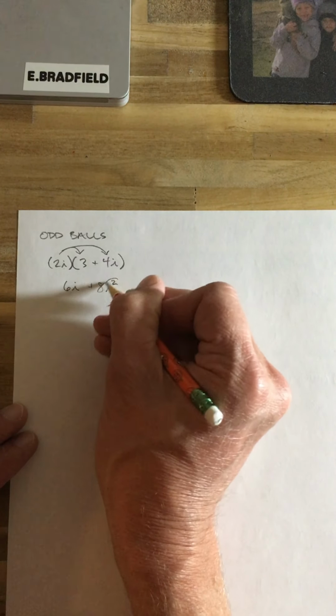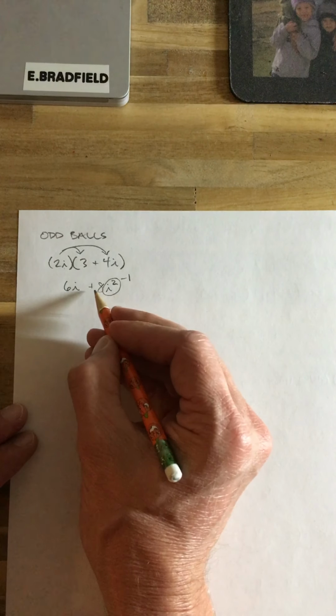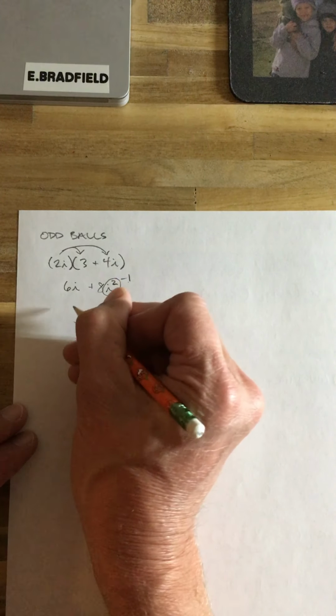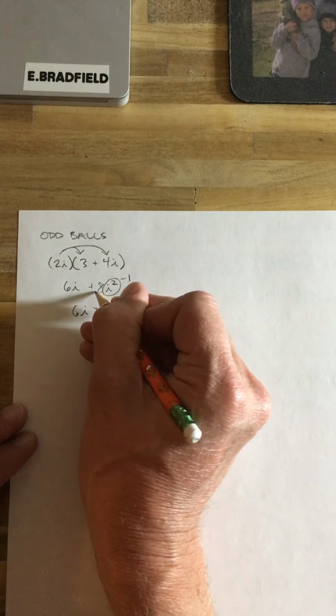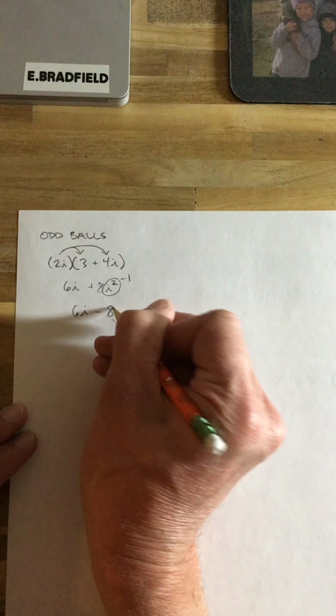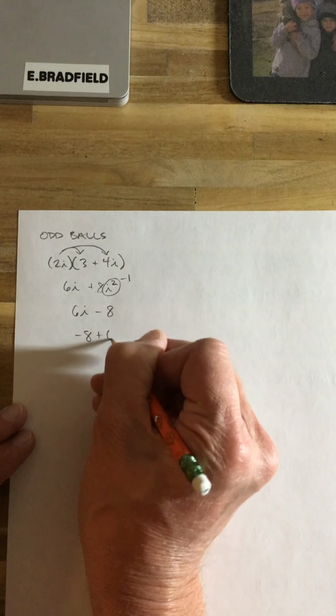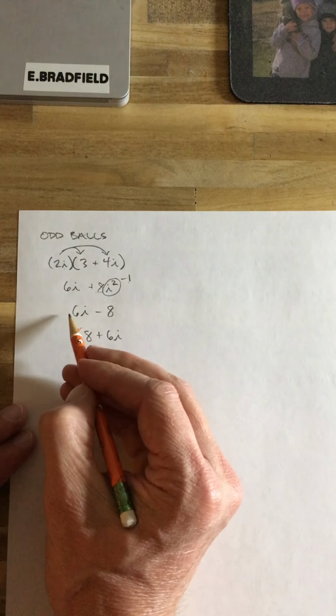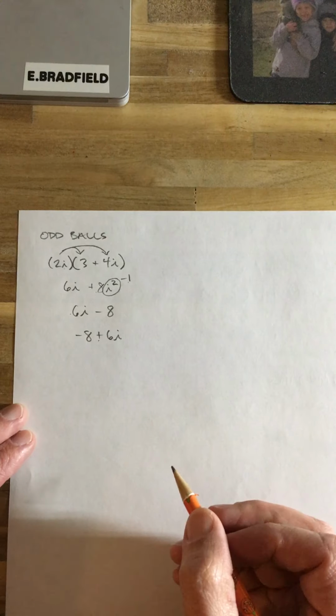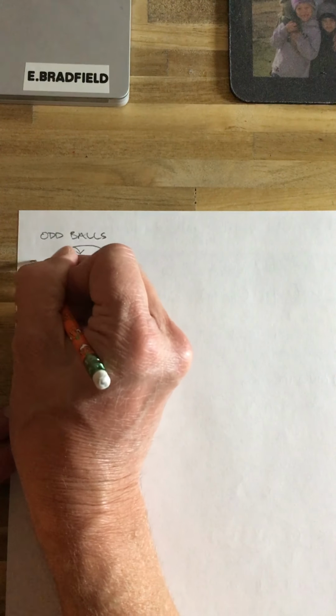Remember, i squared is negative 1. So this is really 8 times negative 1, so we get 6i, and positive 8 times negative 1 is negative 8. Now all you have to do is switch it, so it's negative 8 plus 6i. That's a positive 6i, so you put the plus. All right, so that's one example.